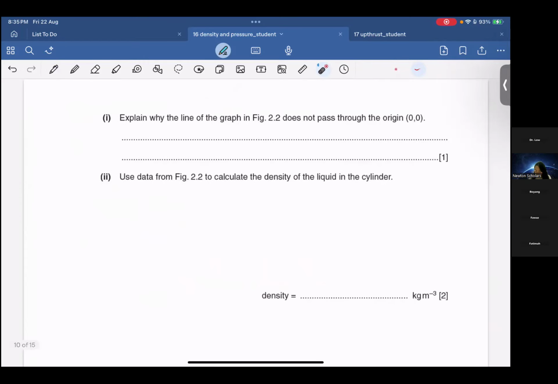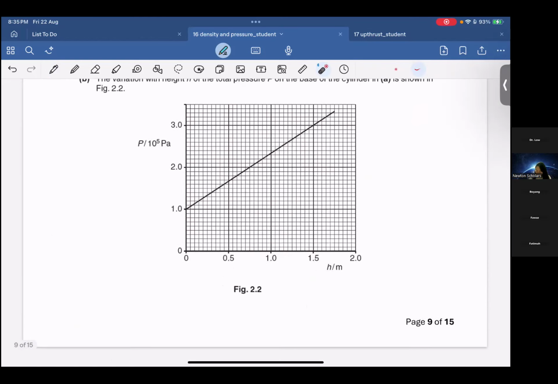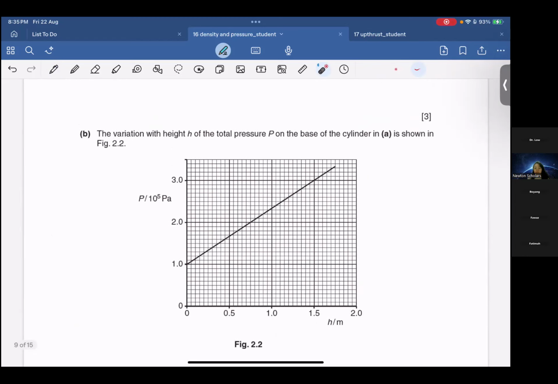Explain why the line does not pass through the origin. Okay, dear, why at zero height, why am I not starting from zero? Any of you can type your answer and what you think. Why is it not starting from zero? Why at zero, it still has 1 times 10 to the power of 5?